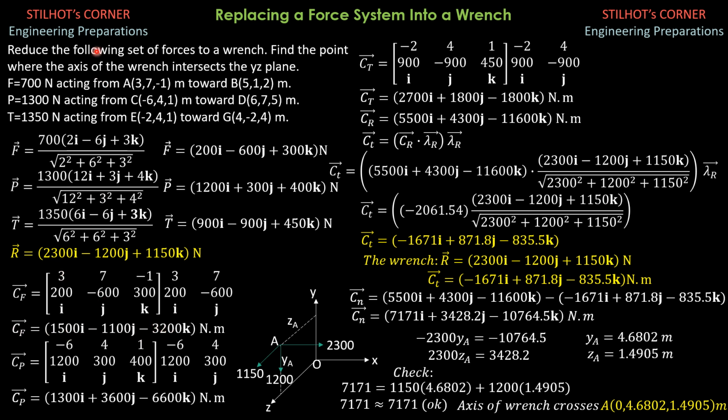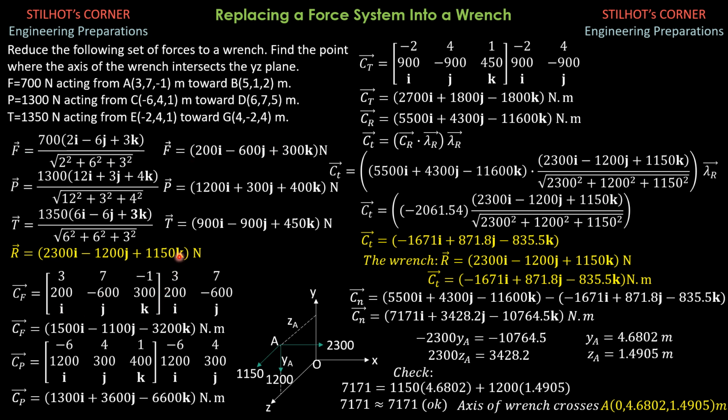So we have to perform the cross product of the origin to the line of action of the force. So I use the initial points for each force. So OA is 3, 7, negative 1. Then force F is 200, negative 600, 300.